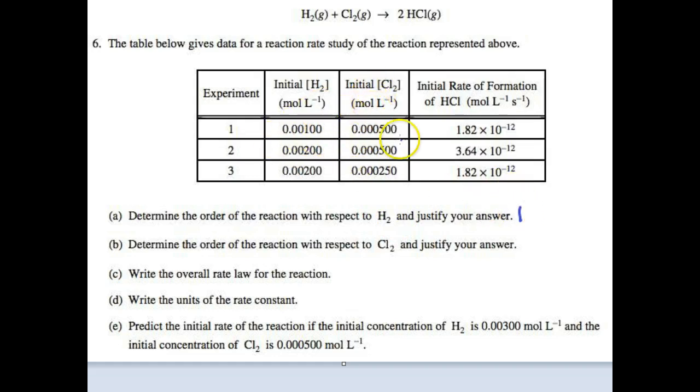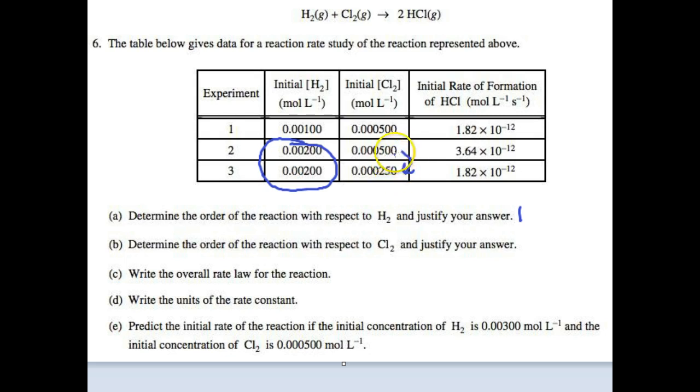Here we have Cl2. Here I have a change of Cl2, but where are we keeping H2 constant? Remember, we've got to keep everything else constant. Oh, here we are, constant. So here, I see that experiment 2 is the larger number, so just for convenience, I'm going to do experiment 2 divided by experiment 3.